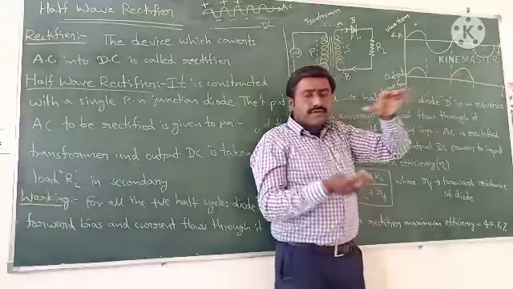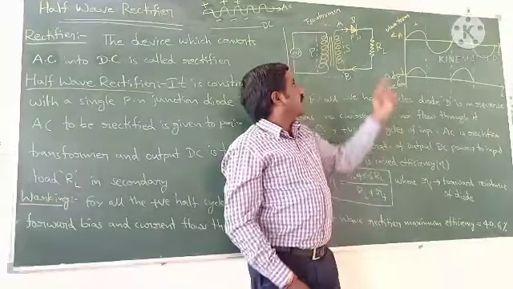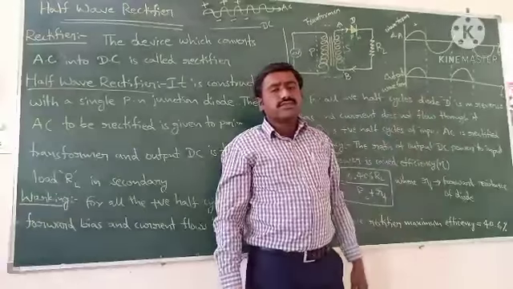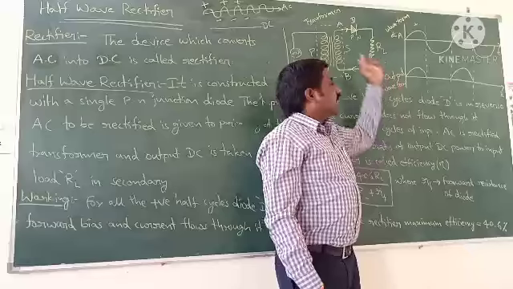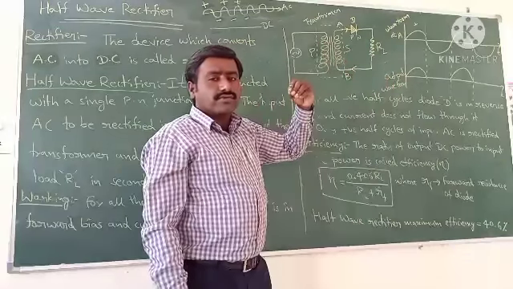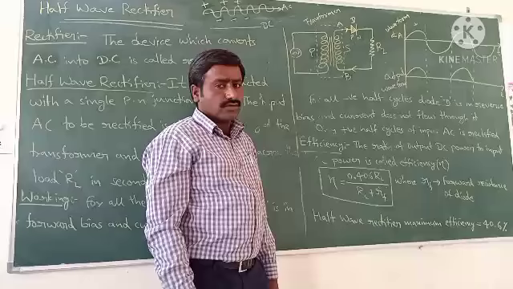That means only for positive half cycles the diode is in forward bias, and for negative cycles the diode is in reverse bias. Only when the diode is in forward bias does current flow through the diode, and when the diode is in reverse bias, current does not flow through the diode.